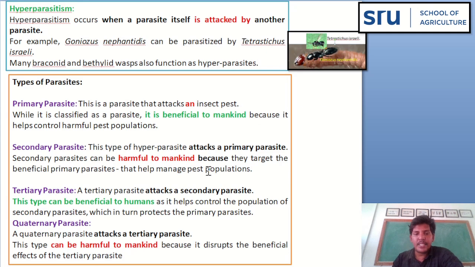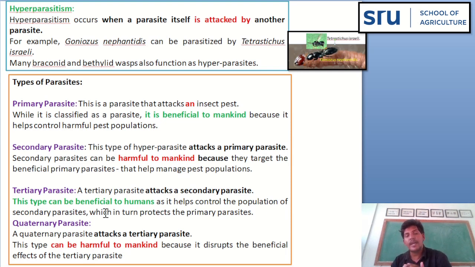Types of parasites are primary parasite, secondary parasite, tertiary parasite, and quaternary parasite. Primary parasites attack insect pests, therefore they are beneficial to mankind.